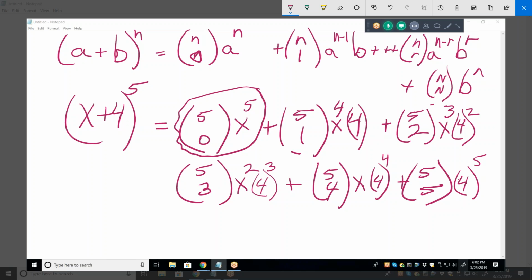That's also 1. Because it's 5 factorial over 5 factorial times 0 factorial. The key thing with factorials is the one that doesn't make a lot of sense is 0 factorial. 0 factorial is 1, believe it or not. It is the same as 1 factorial.